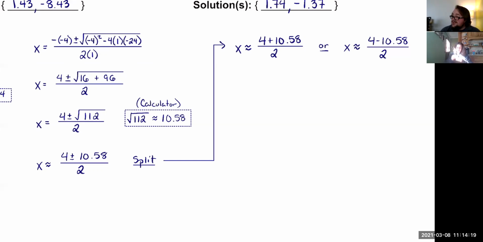It's a lengthy process, but it gets us there. So starting with the one on the left, 4 plus 10.58 is going to give me 14.58. And when I divide that by 2, what do I get? 7.29.